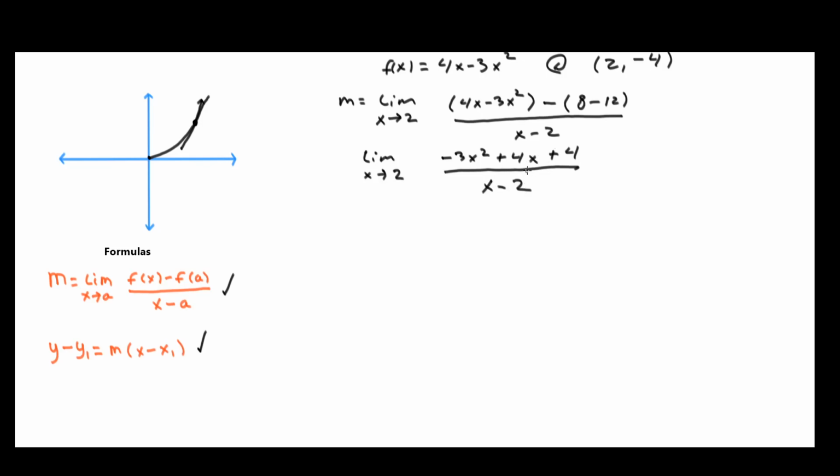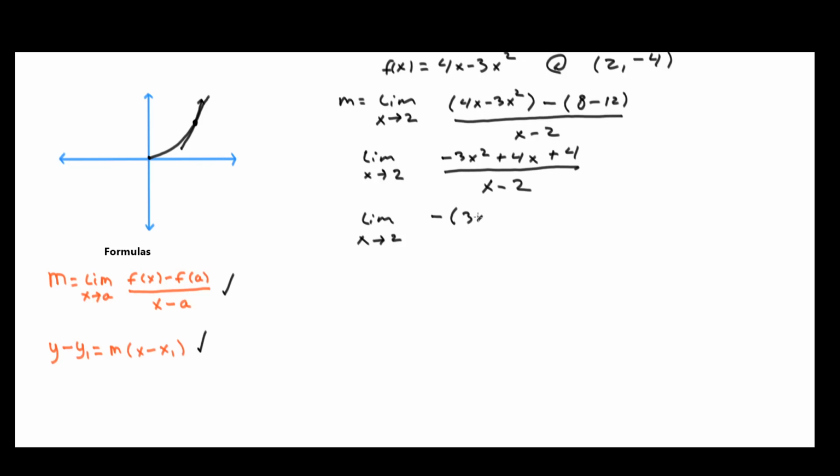Now just looking at this limit here, using our basic algebraic rules that we discussed in another video, I want to get rid of this x minus 2. But if I were to factor this out, I'd have to use an x plus 4. So we're going to go ahead and factor a negative 1 out. So we'll start off with a negative sign out here.